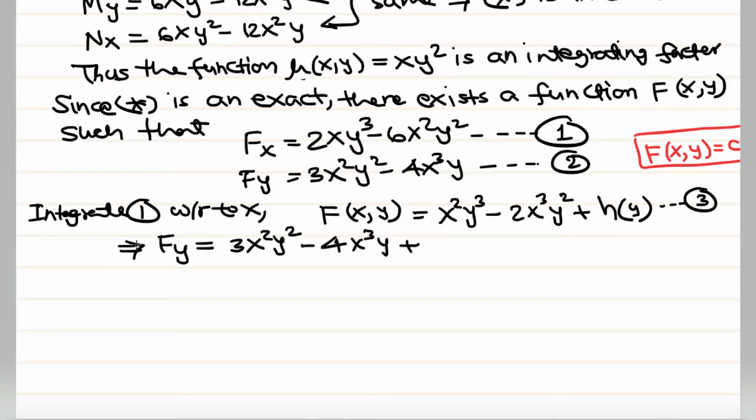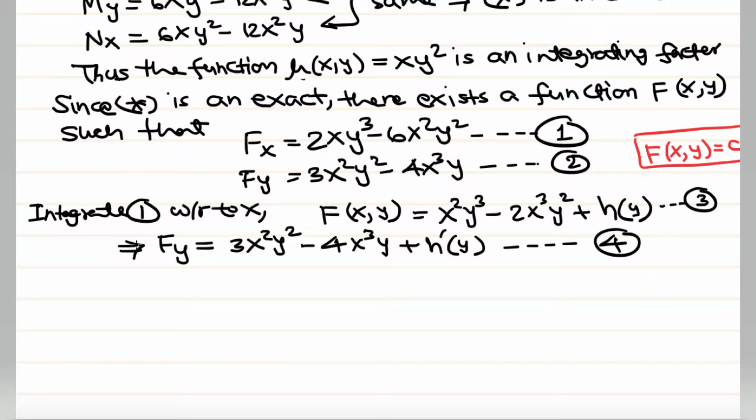This is a pure function of y, so it's just the derivative h prime of y. When we have a function of a single variable, the partial derivative will be the same as the regular derivative, because there is only one variable. I'm going to call this equation 4.